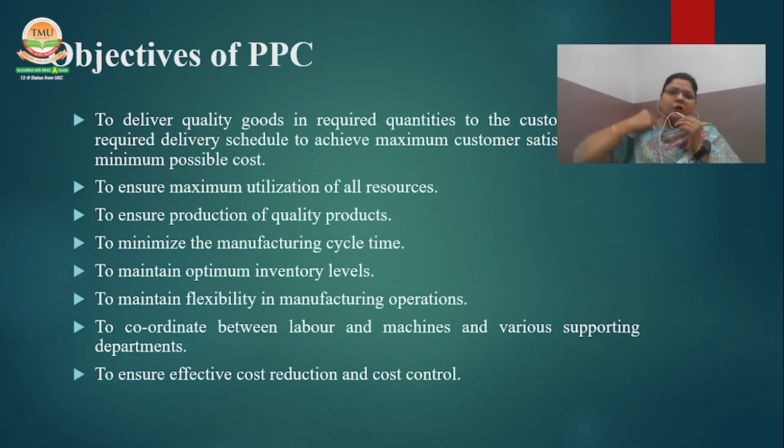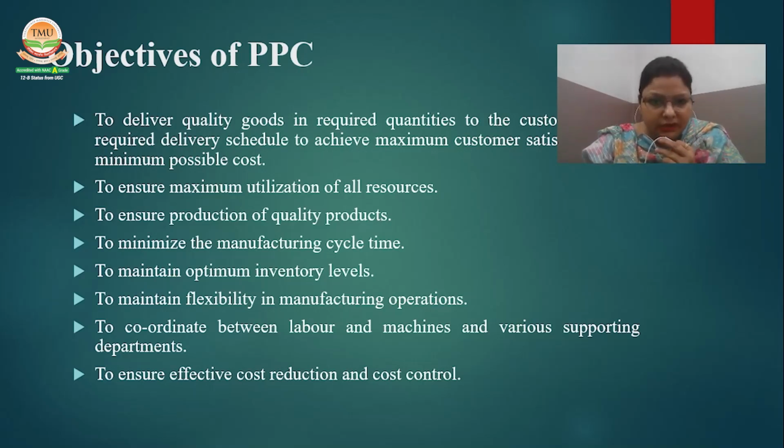What are the basic objectives of production planning and control? Number one is to deliver quality goods in required quantities to the customer in the required delivery schedule to achieve maximum customer satisfaction at minimum possible cost. It means we have to deliver proper quality goods in the required quantity.